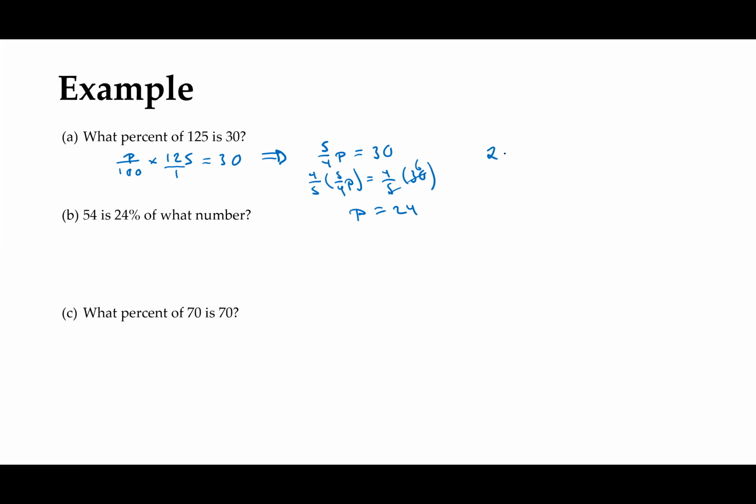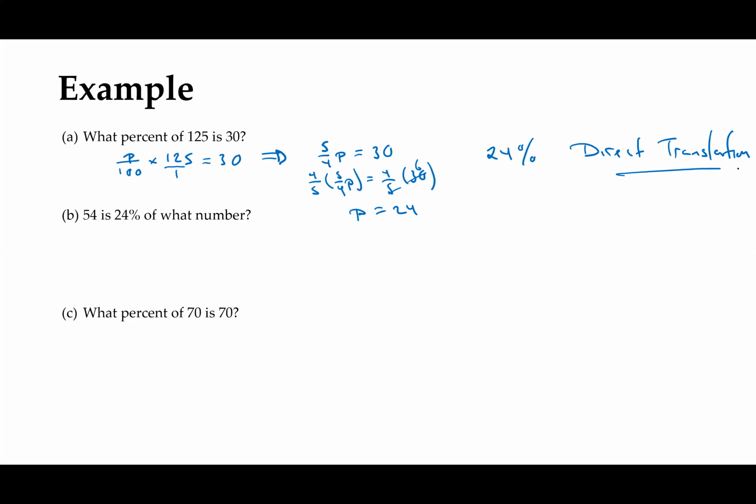So what's our answer? 24%. Okay. This would be an example of what I'm calling direct translation, right? I literally took this sentence and I translated it into our mathematical language. And in translating, I wind up with an equation, okay?